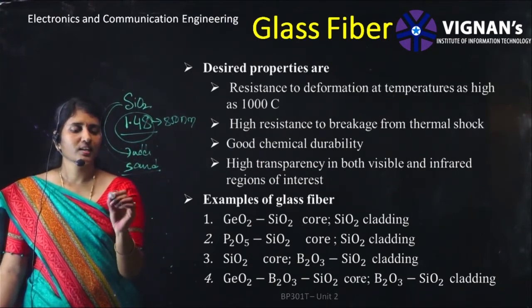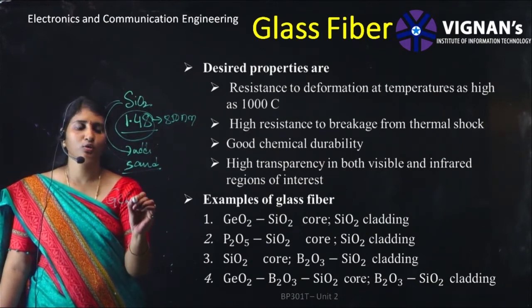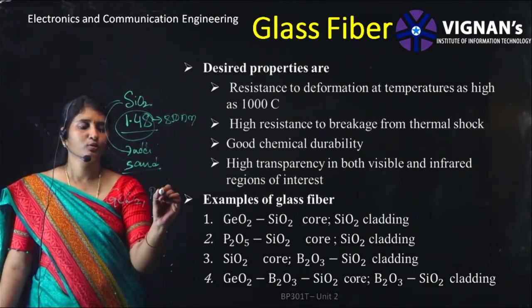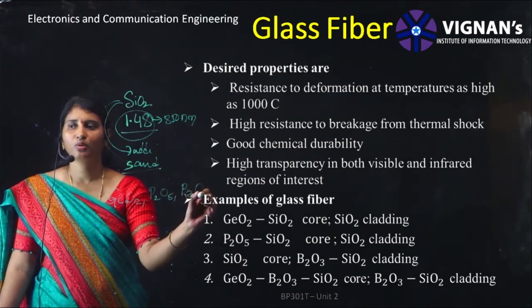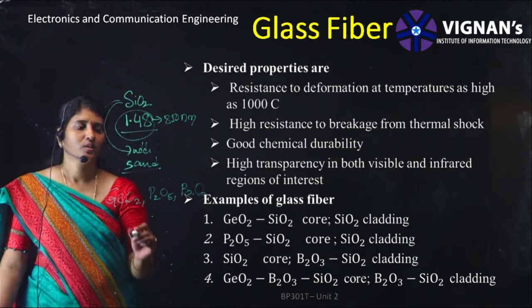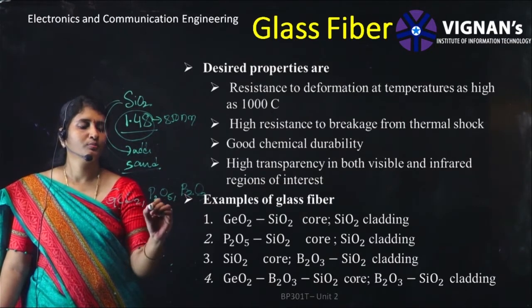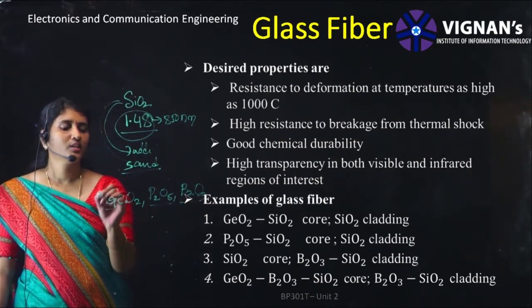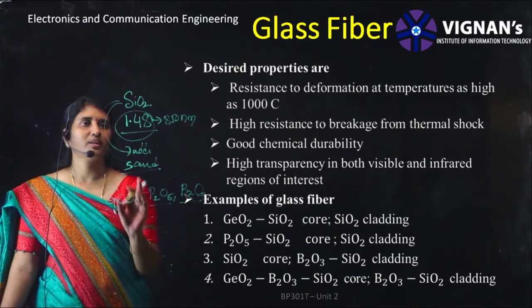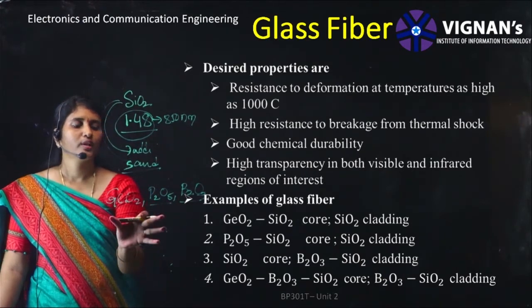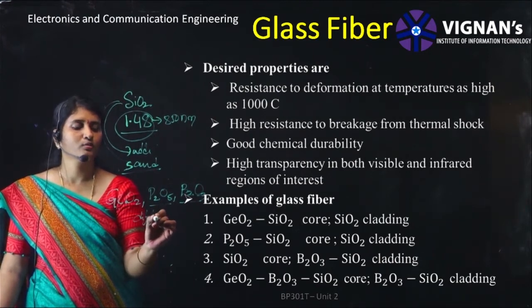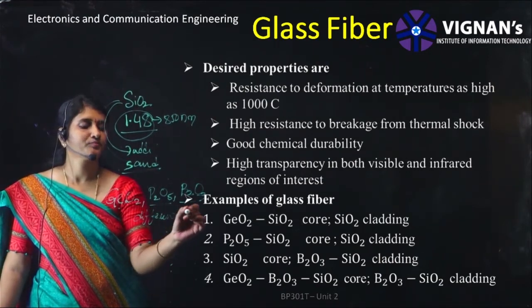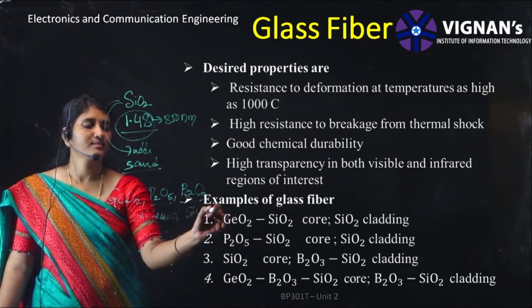So those are GeO2, P2O5, B2O3. GeO2, P2O5, B2O3, these are some oxides that can be combined with SiO2 in order to form a different glass molecule, different structure of glass.